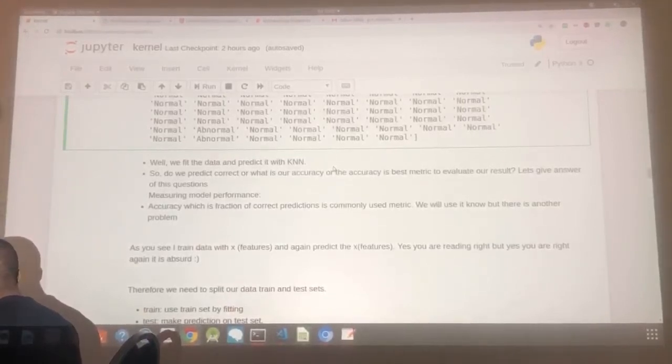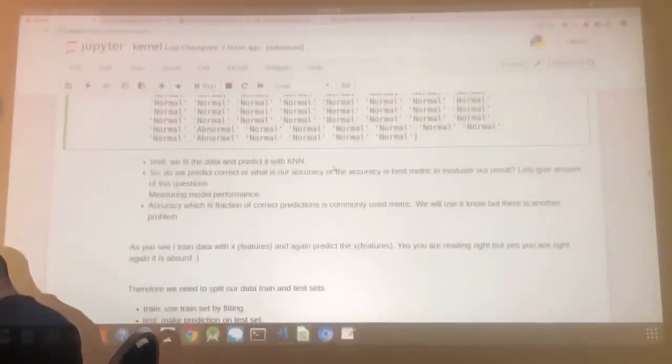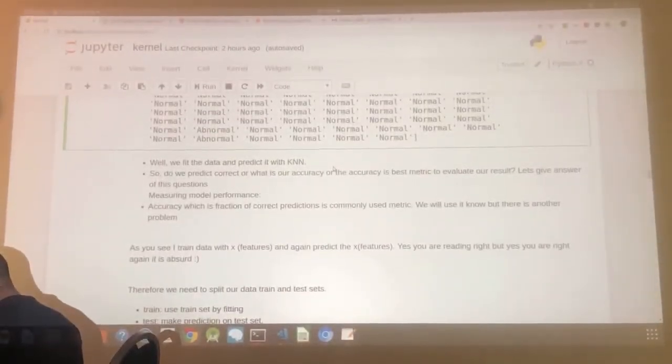It's not that accuracy is bad, it's super accurate, but there were other measures, especially when you're doing things that are a bit more complicated. Accuracy is not the best.